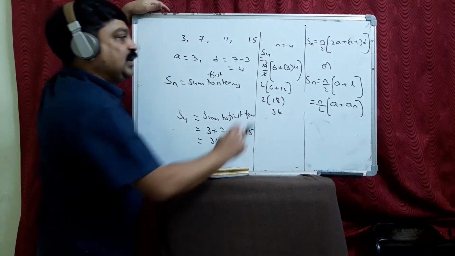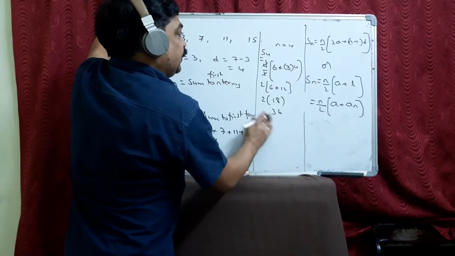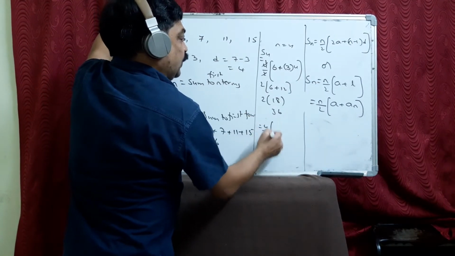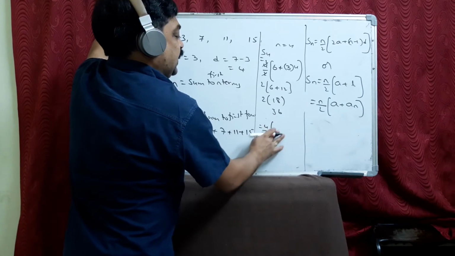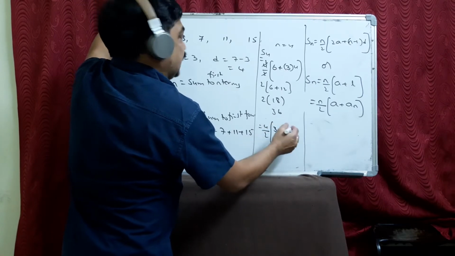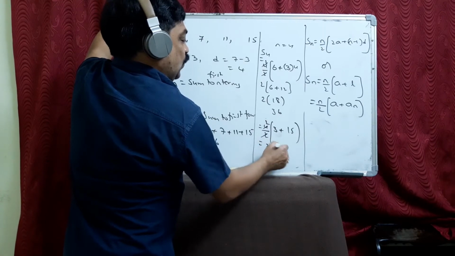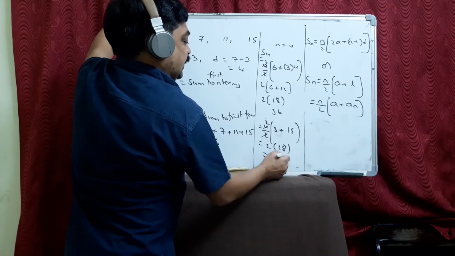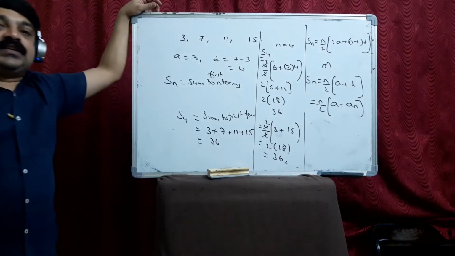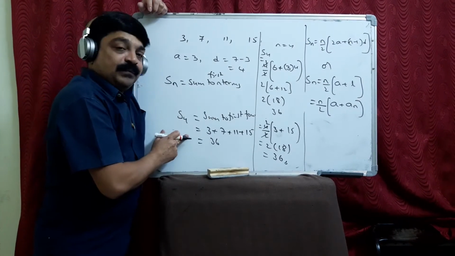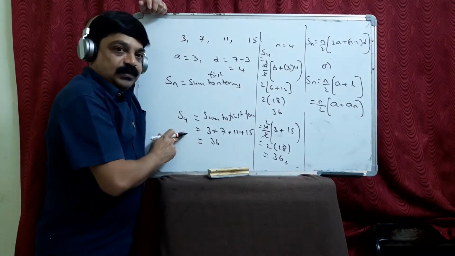In the same way, using this formula, Sn is n by 2 of first term 3 plus last term 15. So it becomes 2 of 18, 36. So you should get the same answer. Actually, the meaning is you should add all the 4 terms.